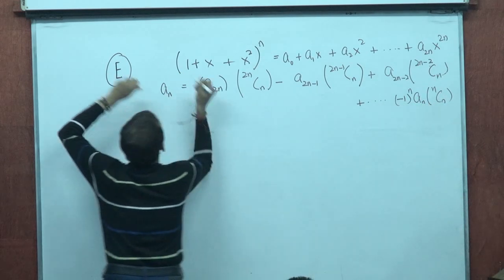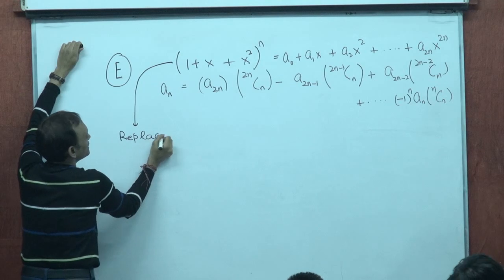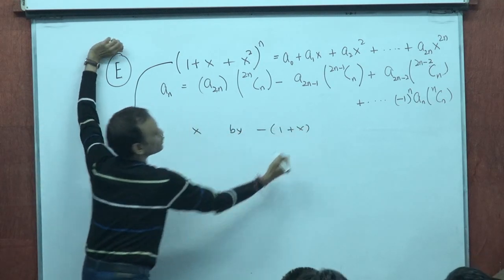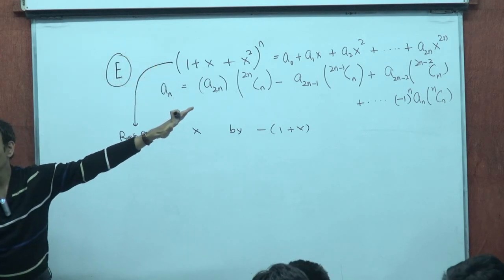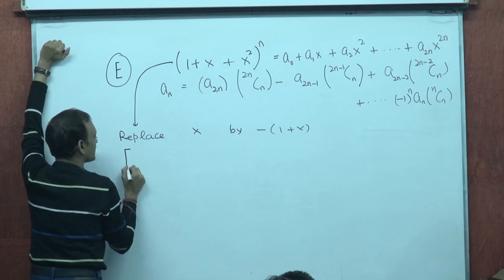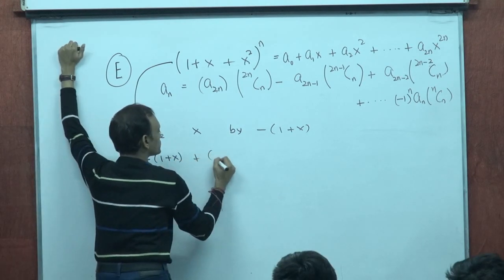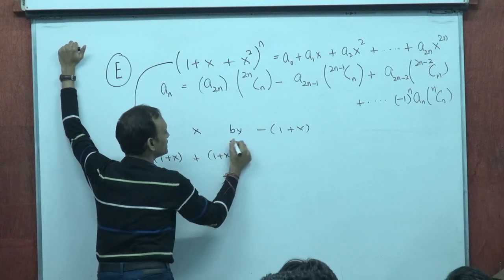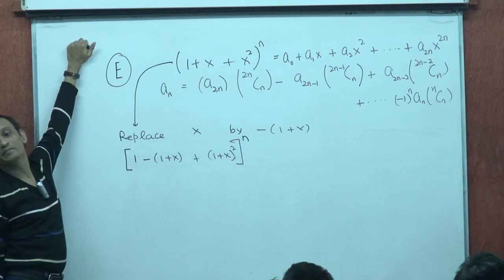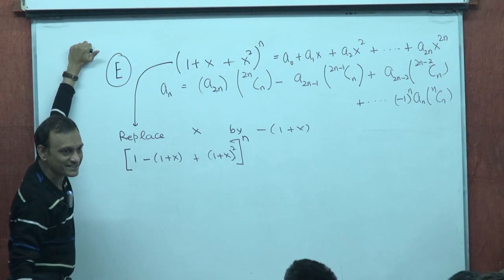That means in this identity, replace x by -(1+x). Are you averse to this now? Right? So if I replace x by -(1+x), then I have (1 - (1+x) + (1+x)^2) on the left hand side, whole to power n, replacing x by -(1+x), as was desired, right?